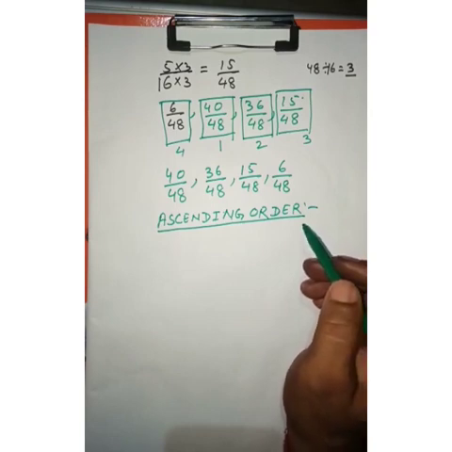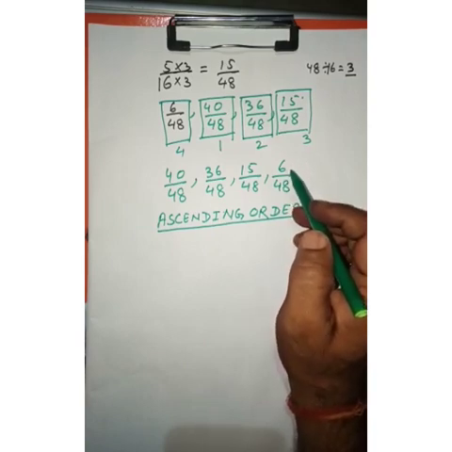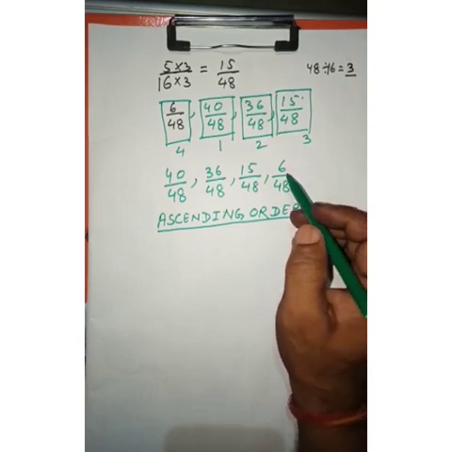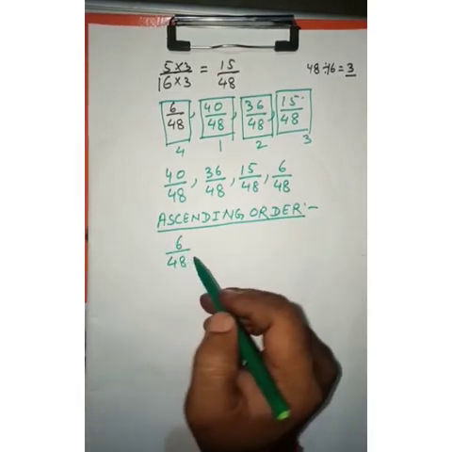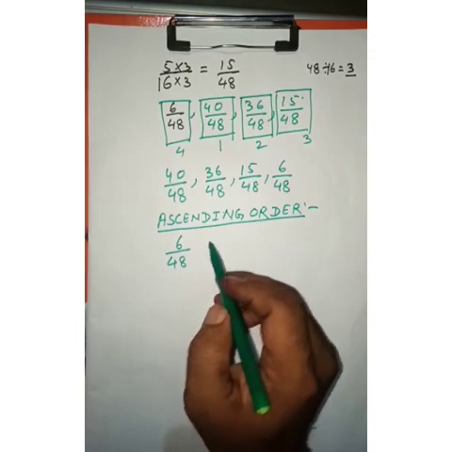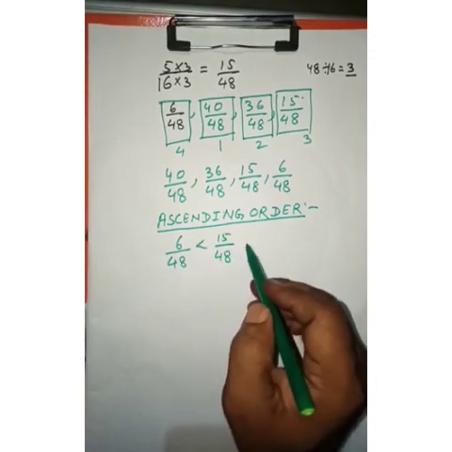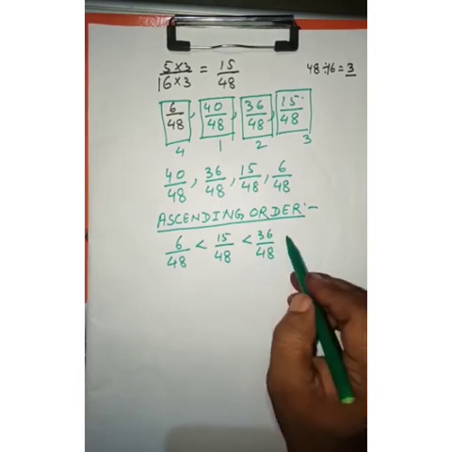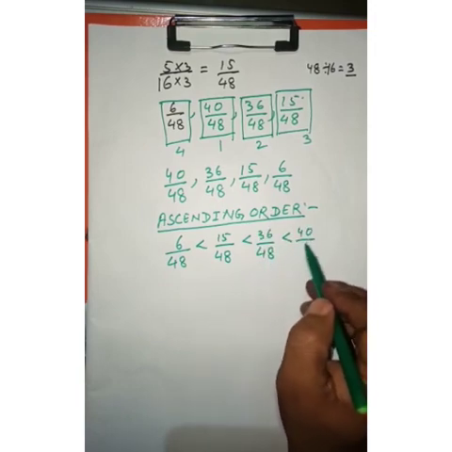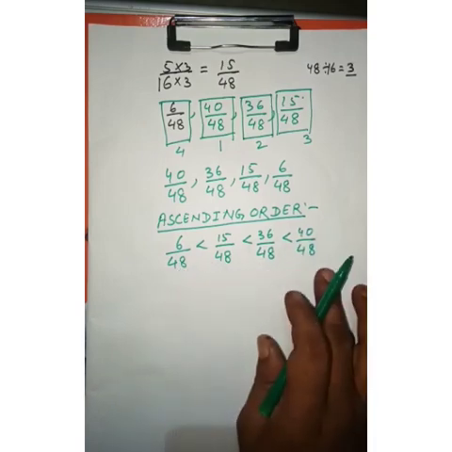That means the fraction 6 by 48 is the smallest fraction. So it comes first, 6 by 48 less than 15 upon 48, and this less than 36 upon 48, and last 40 upon 48. This is our ascending order from small to big.